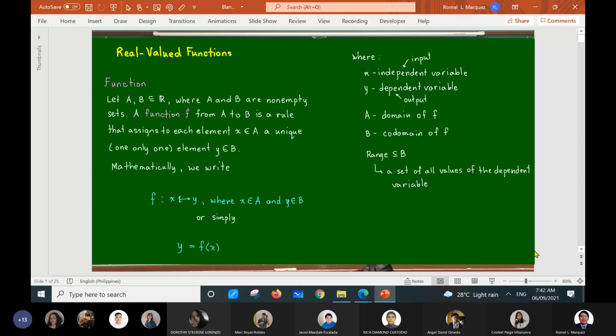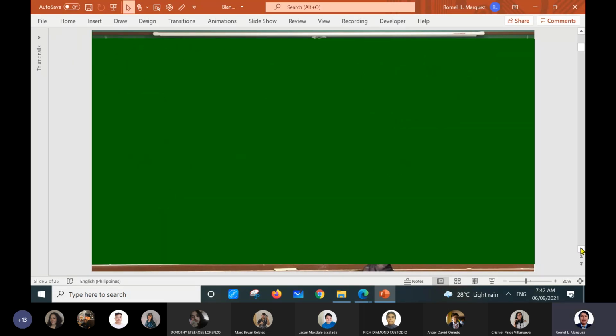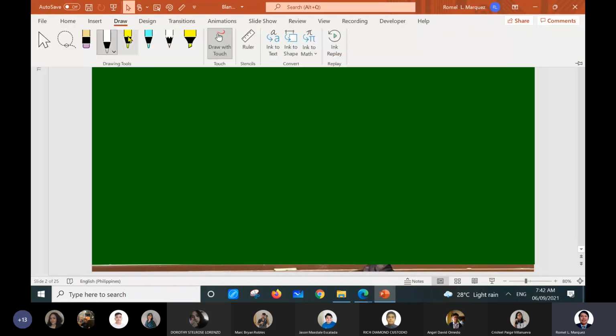So there are many ways by which you can express functions. You can have it by mapping diagram.